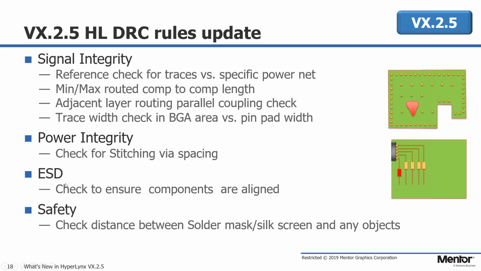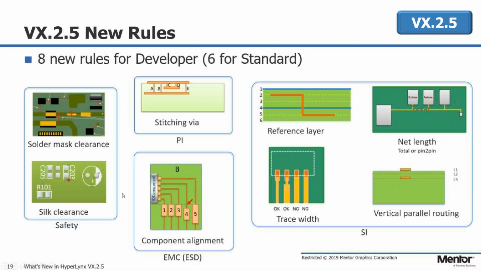We did some in power integrity, ESD, and safety. So again, I said we got a picture for these. So there's 8 rules. 6 of these will go into the standard, and 8 for the developer. But for safety, we've got solder mask clearance checks, silk clearance, power integrity.